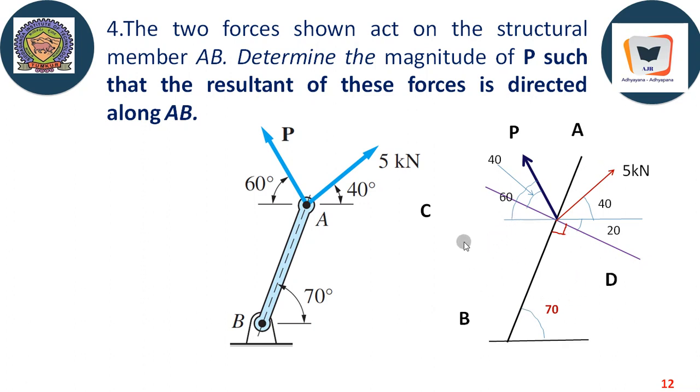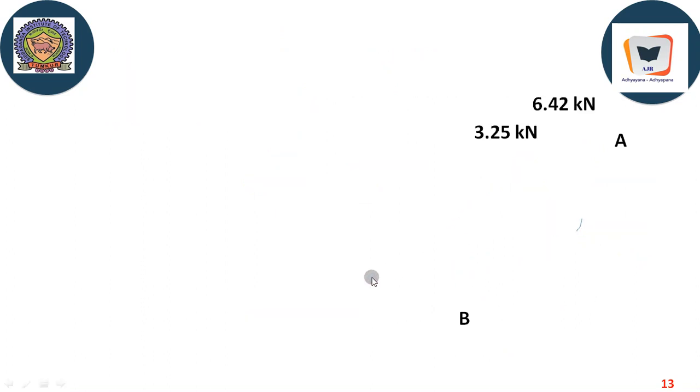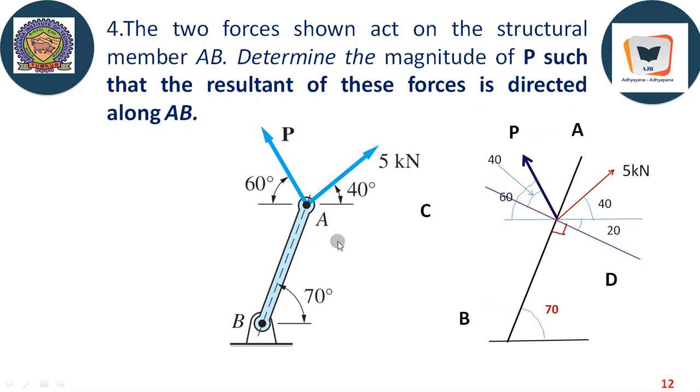Now this is AB, this is P, and the perpendicular axis is named CD. This is CD, this is AB, and we got various directions. P is inclined at an angle of 40 degree, because here till here it is 60, and this angle is 20. If you just project this, this angle is 20, from here till here it is 20.